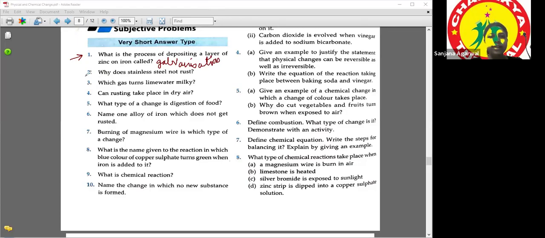why does stainless steel not rust? Waiting for the second answer. Okay, Rohini, good. Who can tell me verbally why stainless steel does not rust?